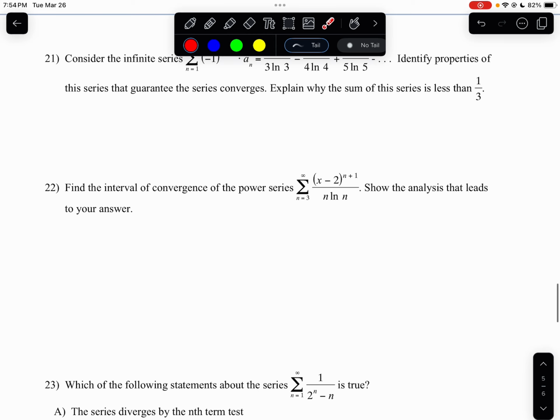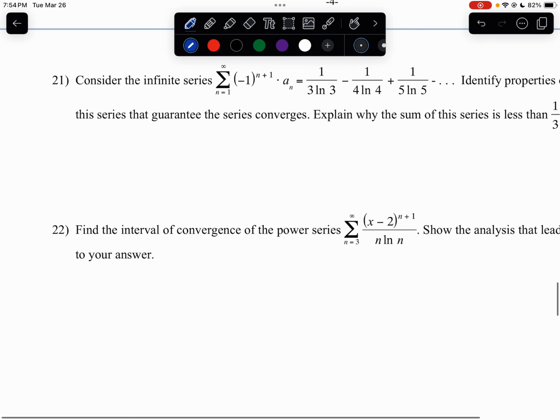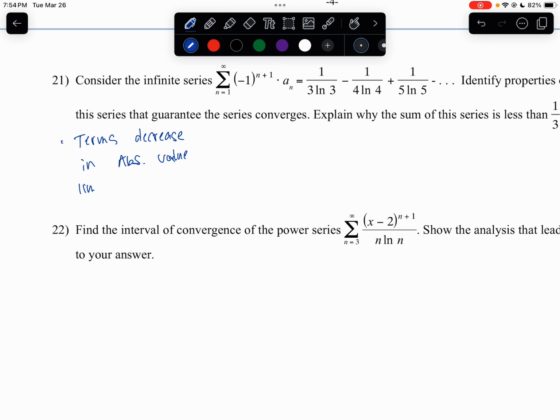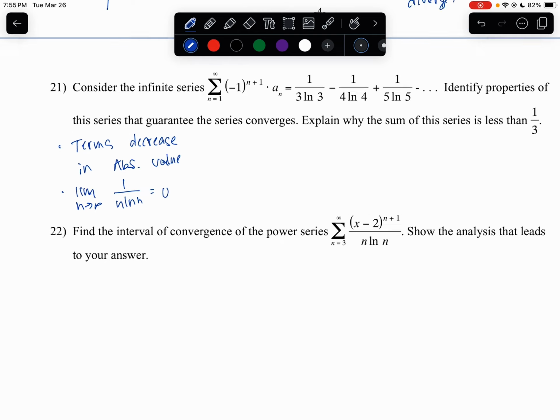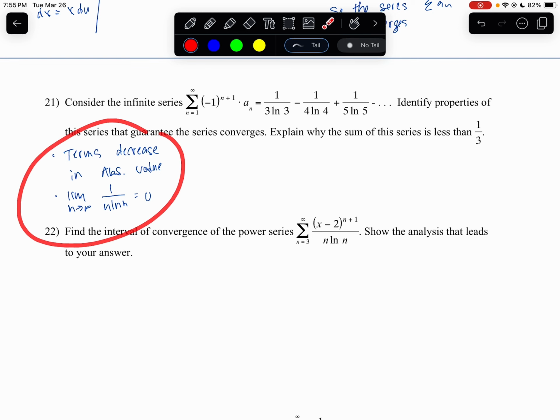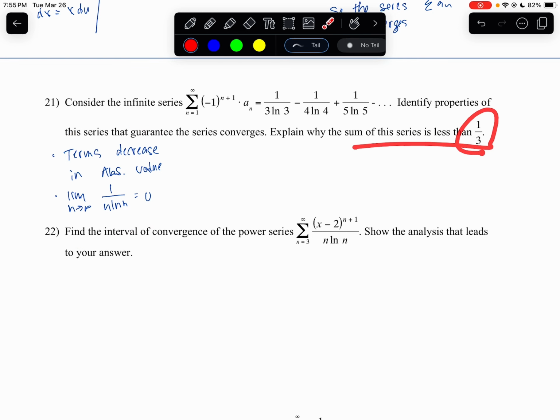So we'll state that the terms decrease in absolute value, and the limit as n approaches infinity of 1 over n natural log of n is equal to 0. Those are the properties that make this converge. And explain why the sum of the series is less than 1/3. Well, so here's the thing.